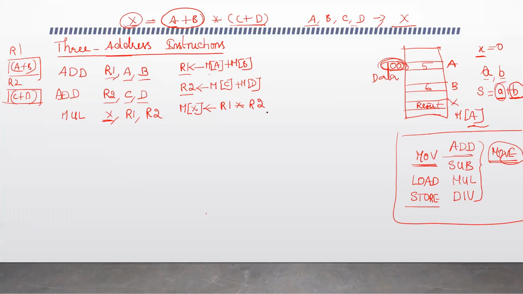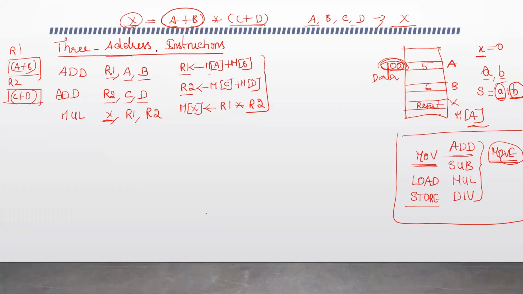Now perform the multiplication R1 into R2 and move the result to memory location X. So this is a simple assembly language program using 3 address fields. This way we write instructions to evaluate this expression.